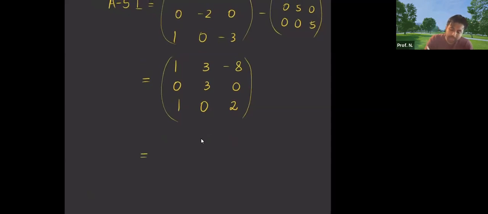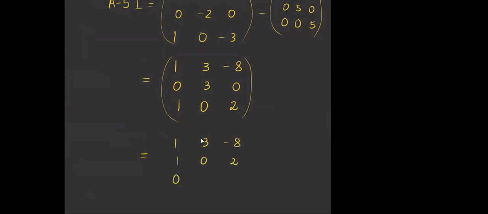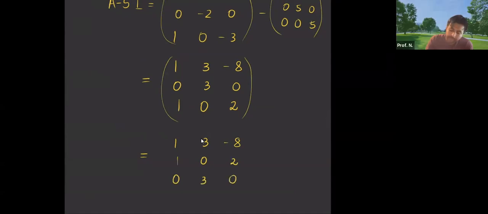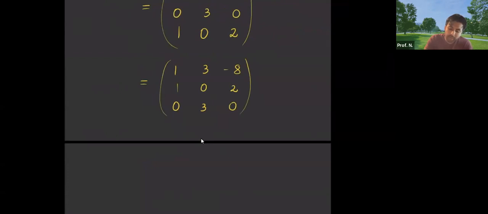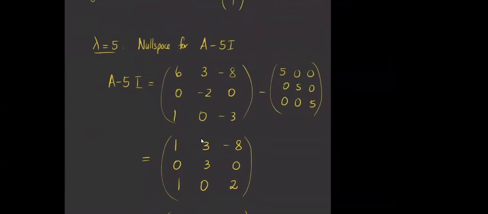Okay. I can rearrange the second row and the third row, swap them. I get 1, 3, negative 8, 1, 0, 2, 0, 3, 0. Eliminate the 1 underneath the 1 in the first column. Professor, I think we were supposed to subtract. It wasn't supposed to be negative 2 minus 5.